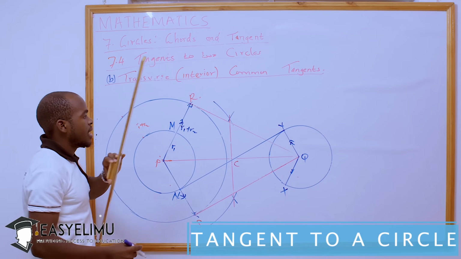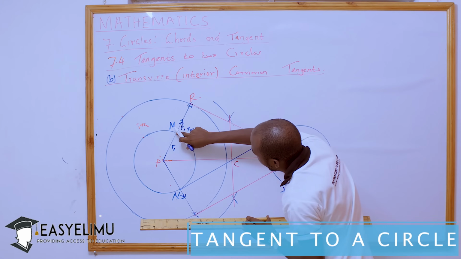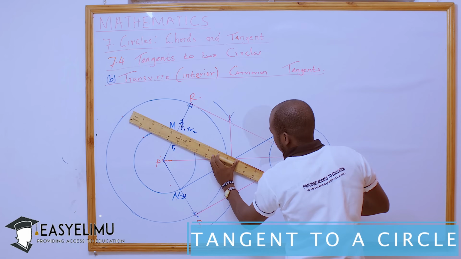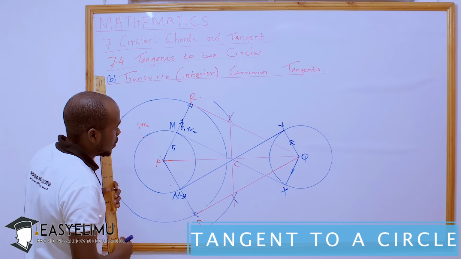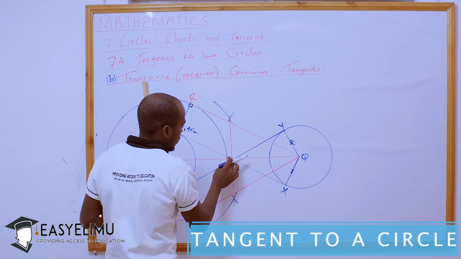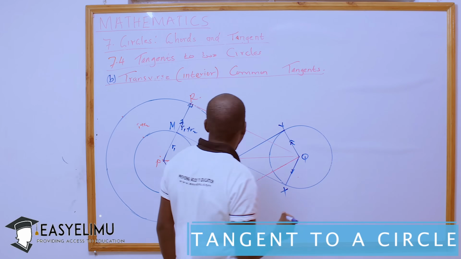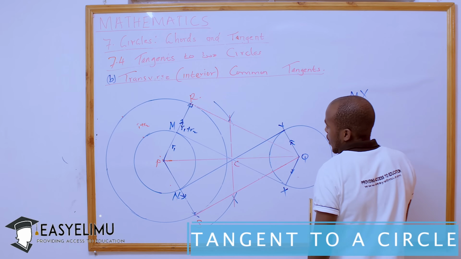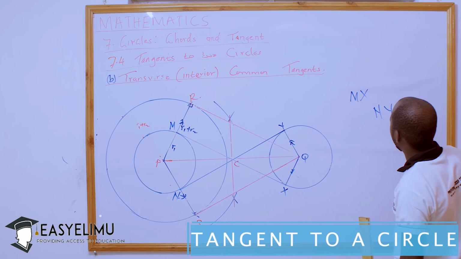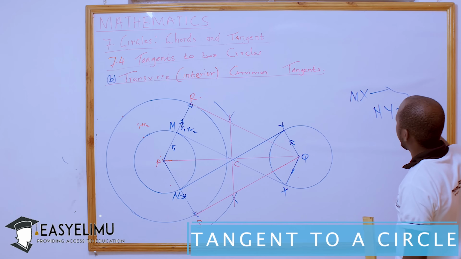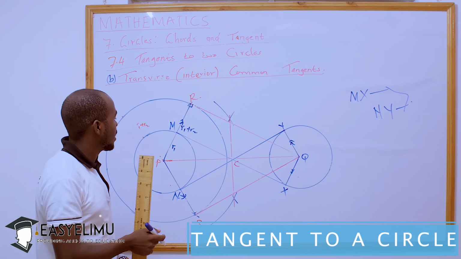You will have that, and also join X to M. Now we have joined X to M, and we have MX and also NY. These two here are the required transverse or interior common tangents.